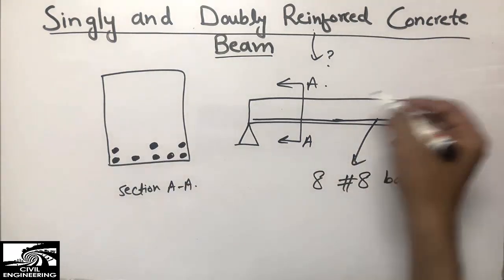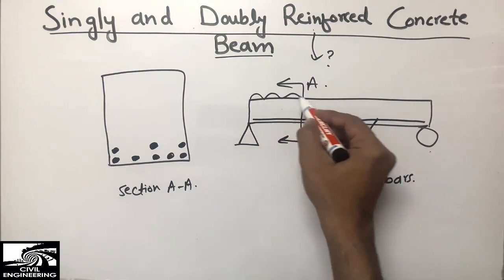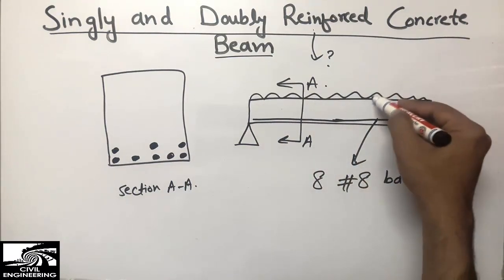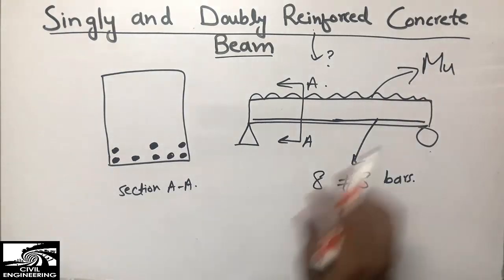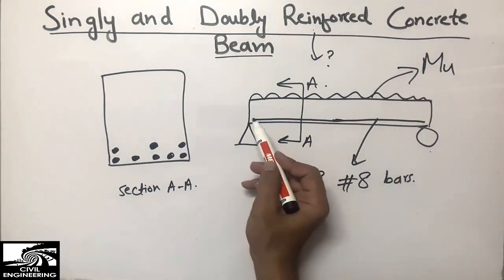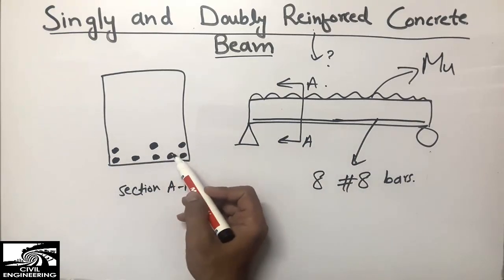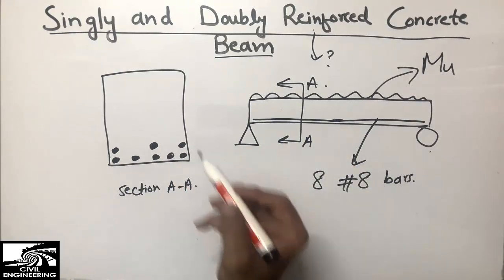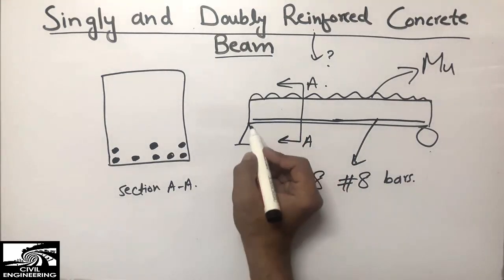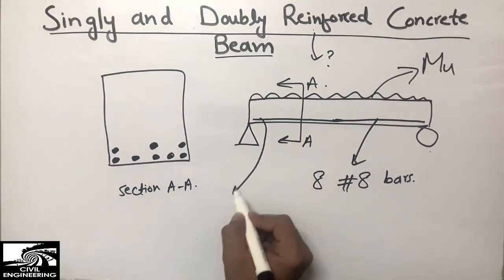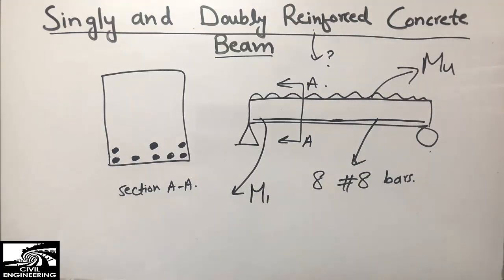And there is a demand coming on this beam, right? For example, the demand coming on this beam is MU, the effective demand. We place the reinforcement, and this reinforcement should be able to resist this demand. Now, for example, the moment capacity of this beam is M1, right?